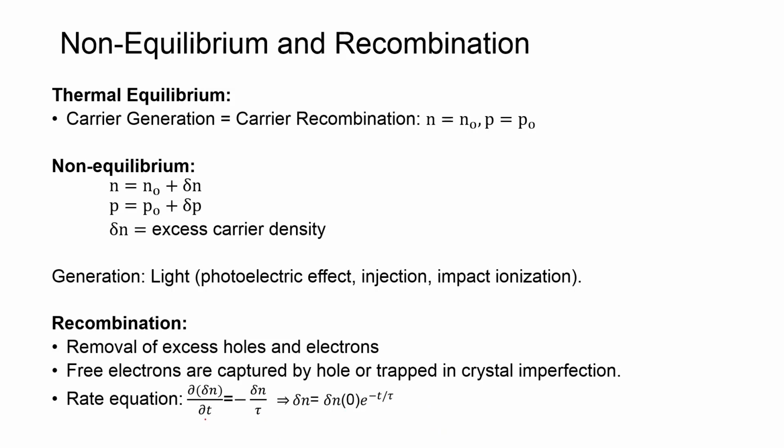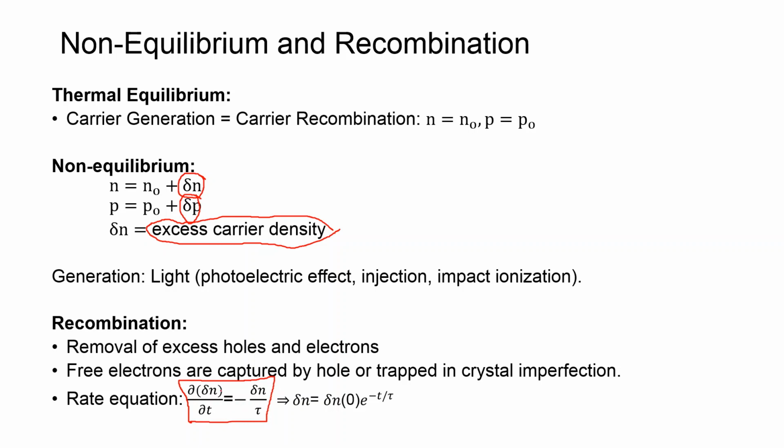Now the governing equation is this, which says that the rate of change of excess carrier density, that means the excess electrons or excess holes which we have added, is equal to minus delta n by tau.